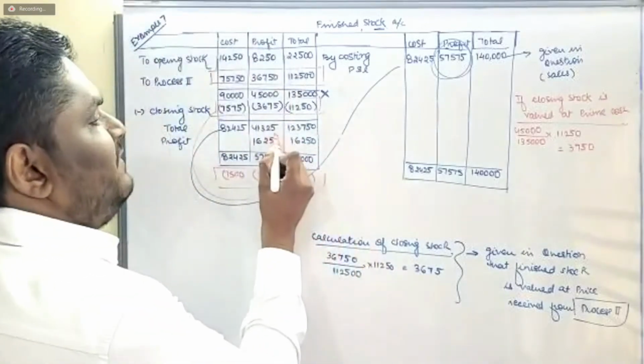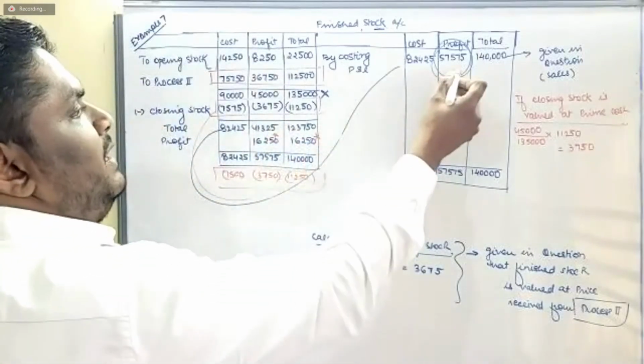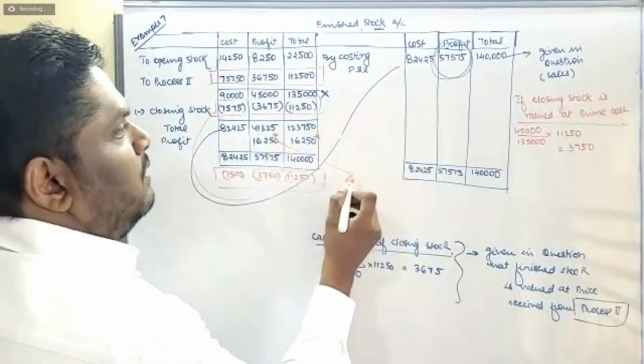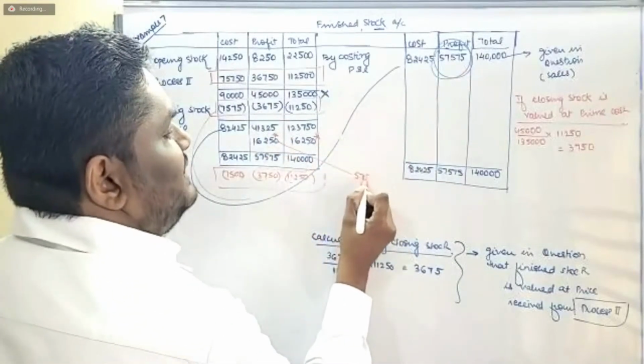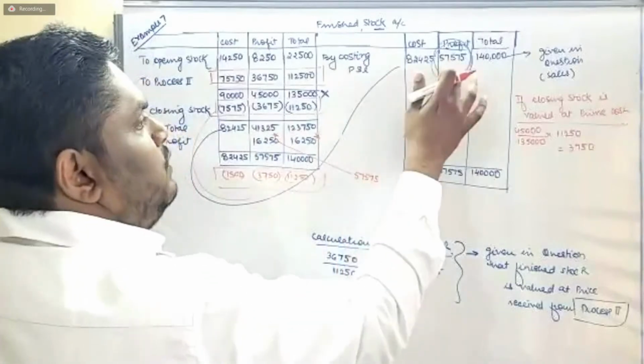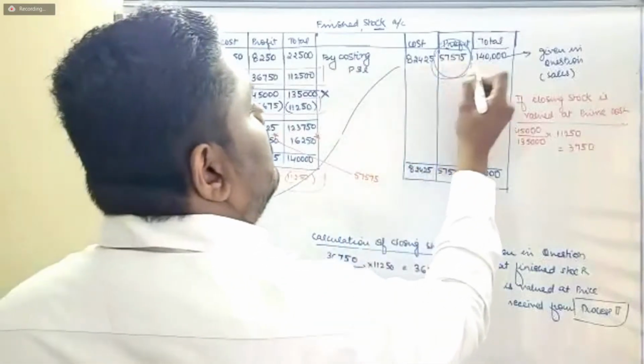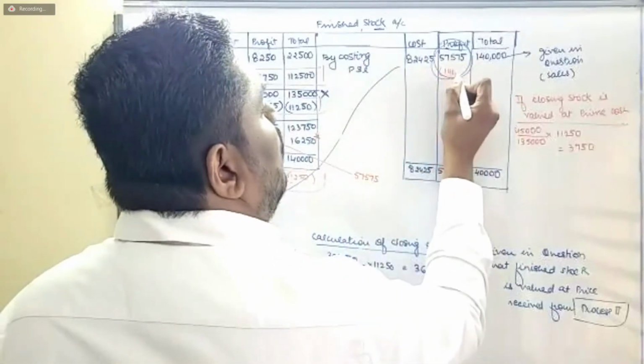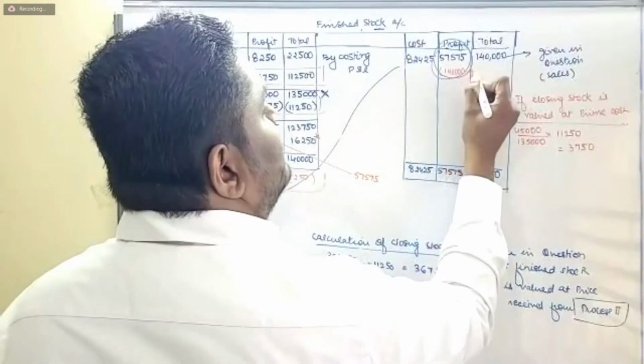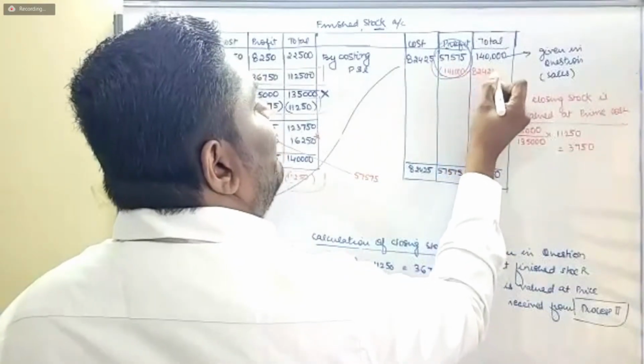This is the balancing figure, my dear. That is 57,575. The total profit as calculated, 1,40,000 minus 82,425.